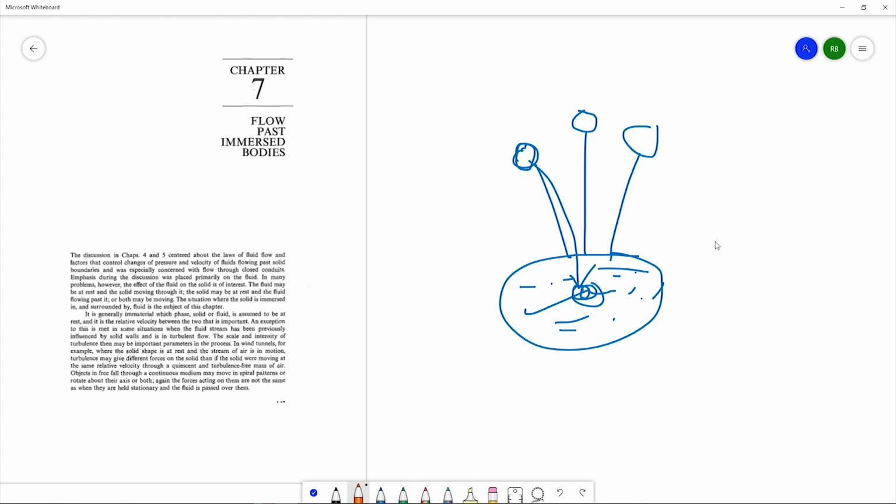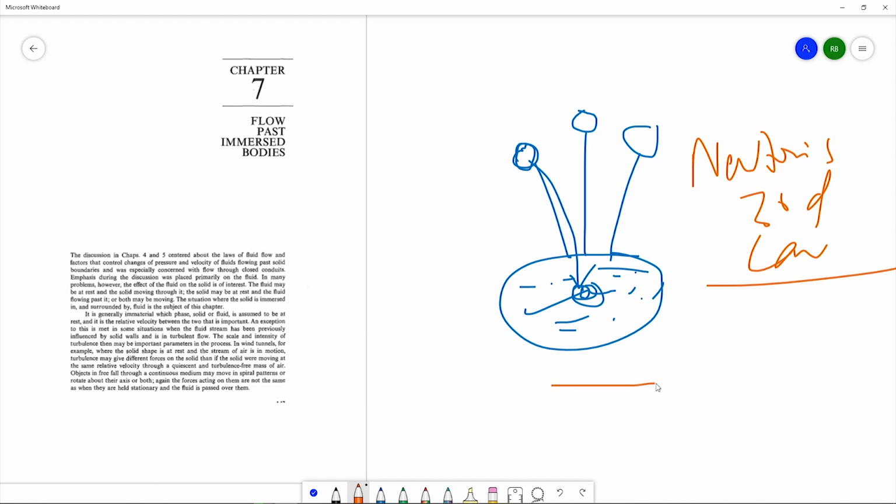The flow of particles will be governed by Newton's third law. You already know what Newton's third law is. Newton's third law says that to every action there is an opposite and equal reaction.